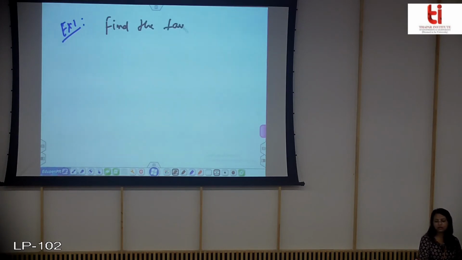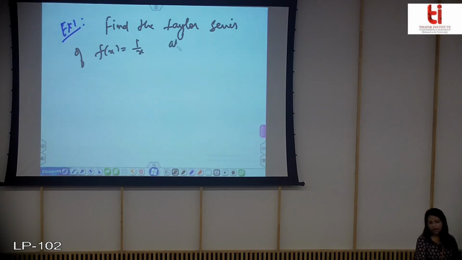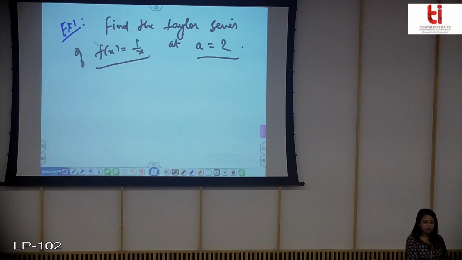So I'll do one example and give you the explanation of what the series does with the functions. So now if you have a question that find the Taylor series of f(x) is equal to 1/x at a is equal to 2. Now we are asked to do what?